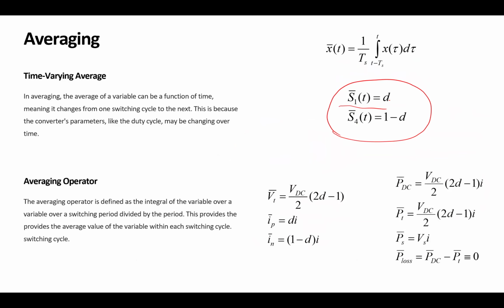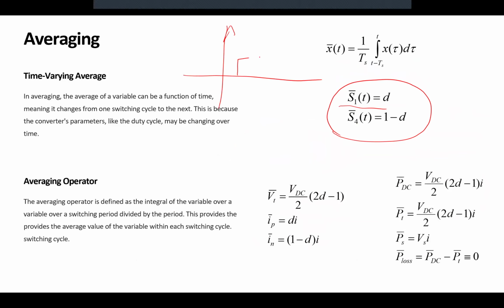Now, this is the TS and this is the duty cycle, which means DTS, and the amplitude of the pulse is 1. What would be the average of S1? If you do the integral, it's simply D. Correct?